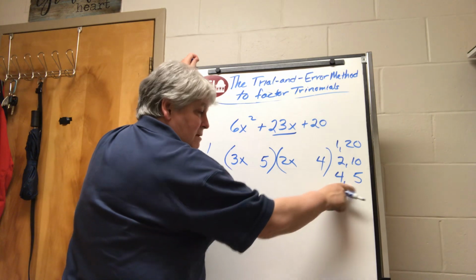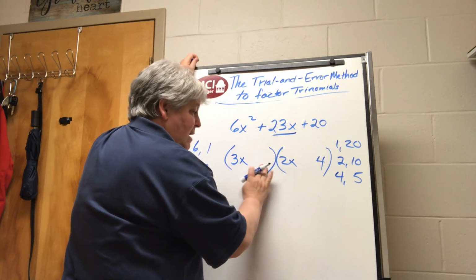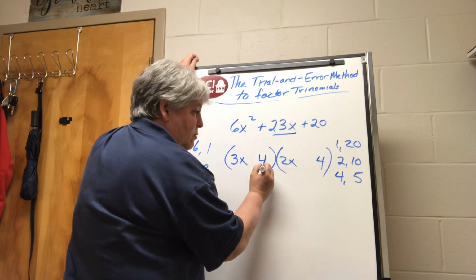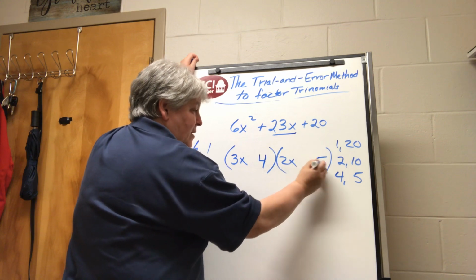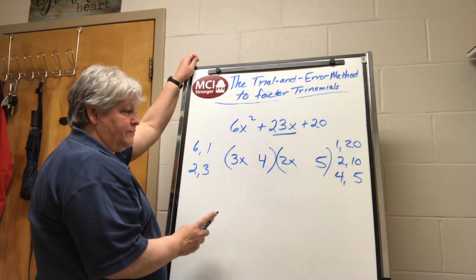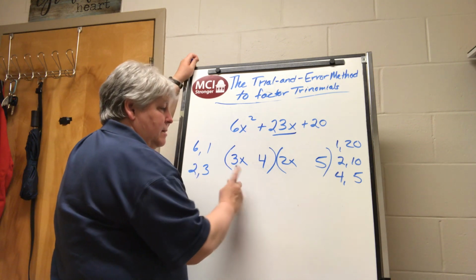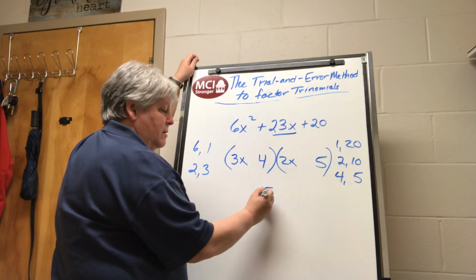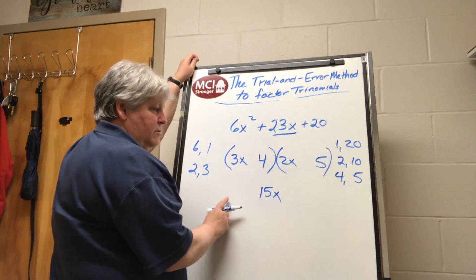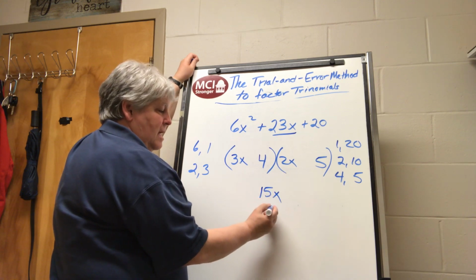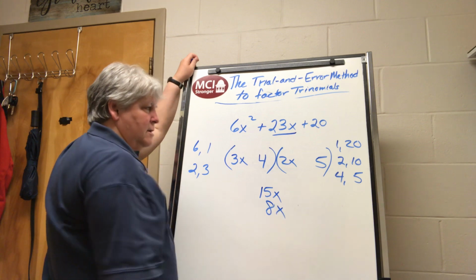But remember, when these things are different from one another, you've got to try it in the other position. So I'll put the 4 here and the 5 here, and let's try that. My outers multiply to give me 15x. My inners multiply to give me 8x.